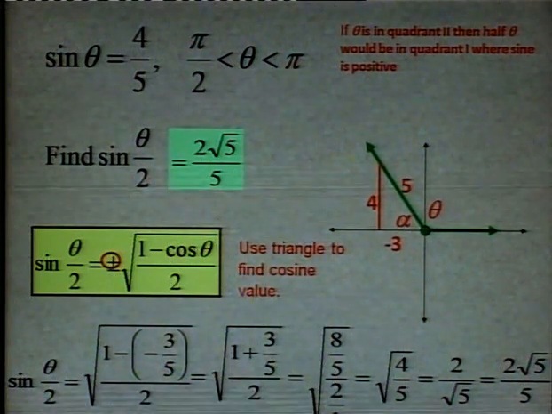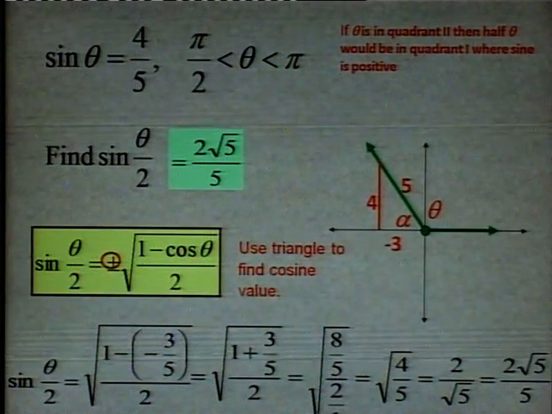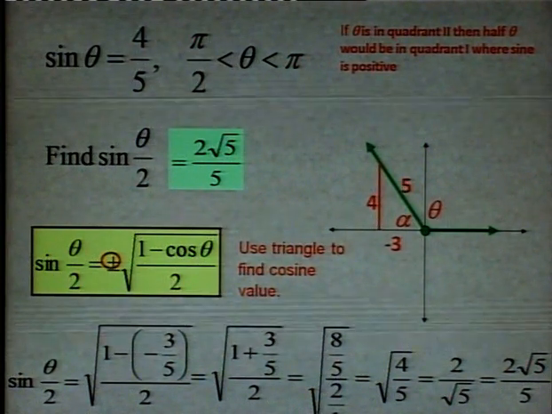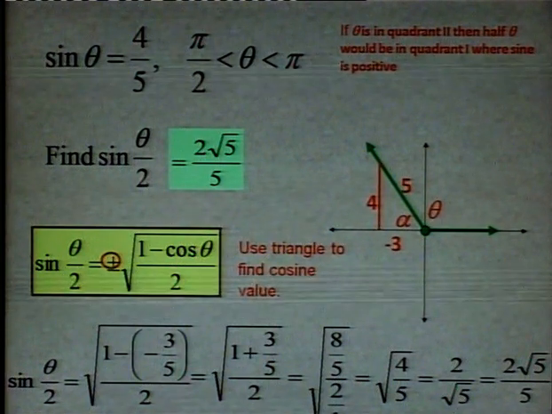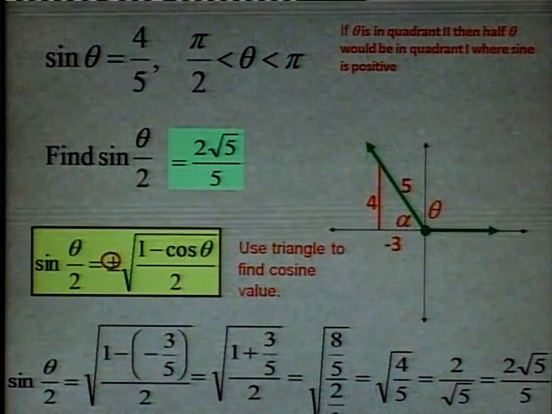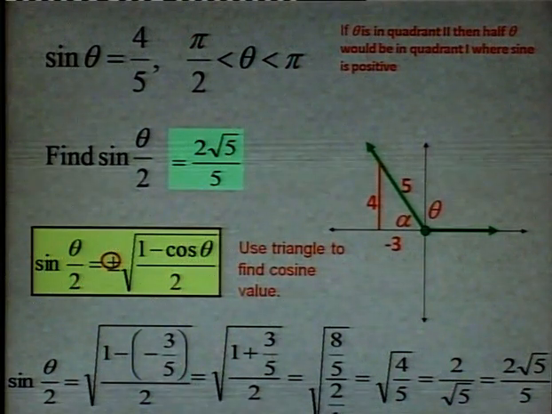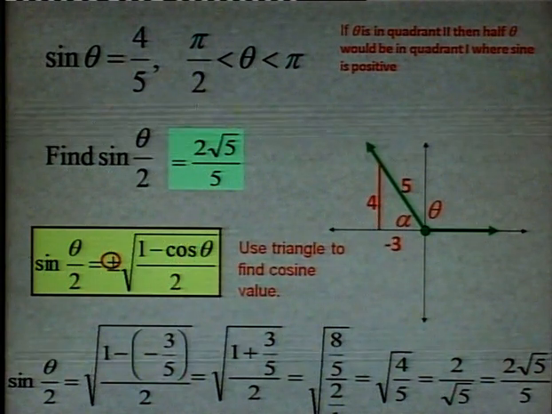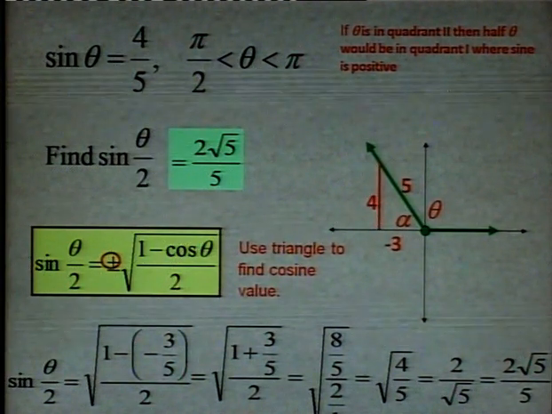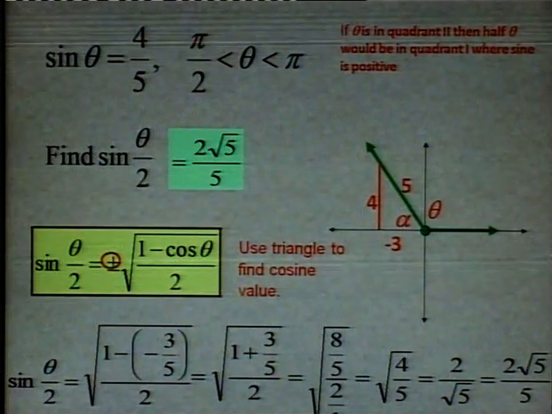So, after trivial simplification, the value of sin theta by 2 is equal to square root of 1 plus 3 by 5 upon 2, and you will get just square root of 4 by 5, and square root of 4 is 2. So 2 by root 5, and multiplying and dividing the numerator by square root 5, you will get 2 root 5 upon 5.